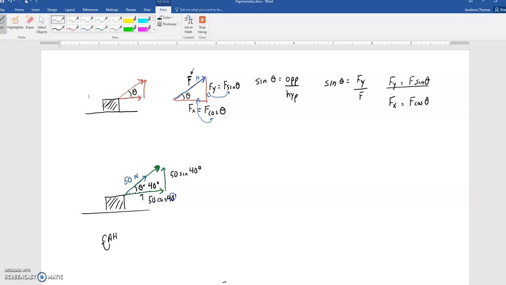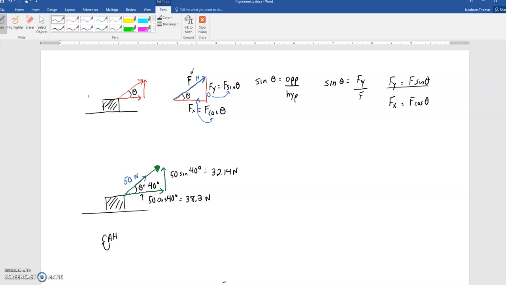If you go to your calculator, you can do 50 sine 40 degrees, and you get 32.14 newtons. And here we get 50 cosine 40, which is 38.3 newtons.